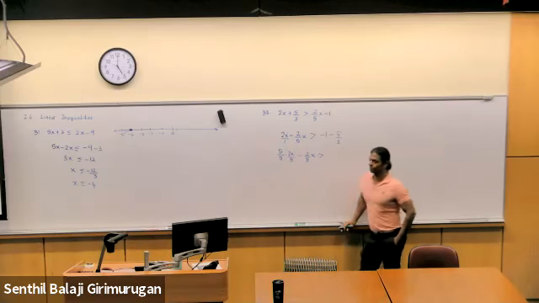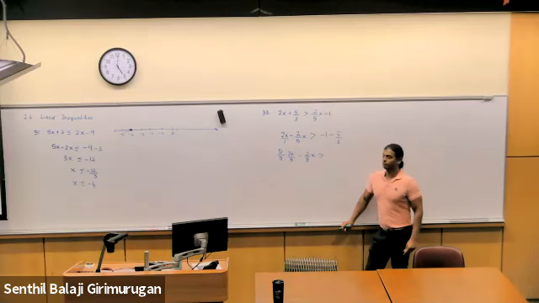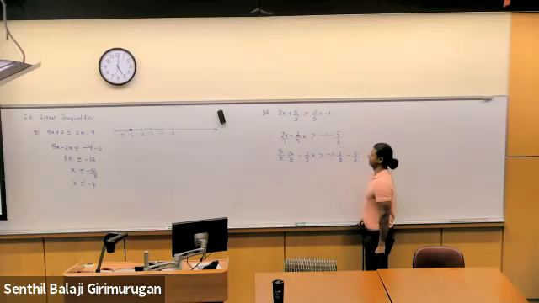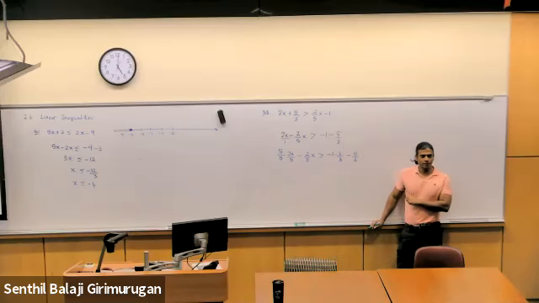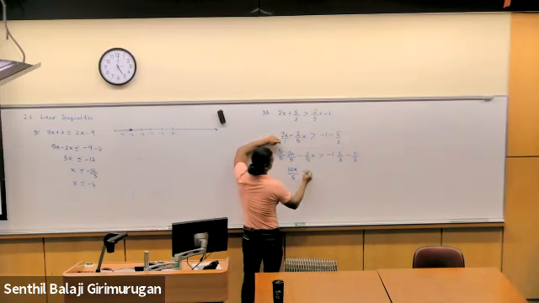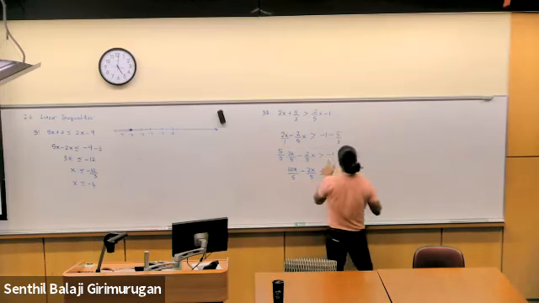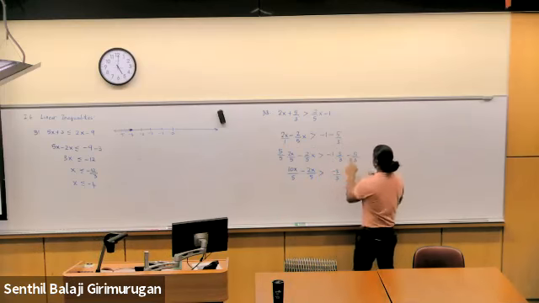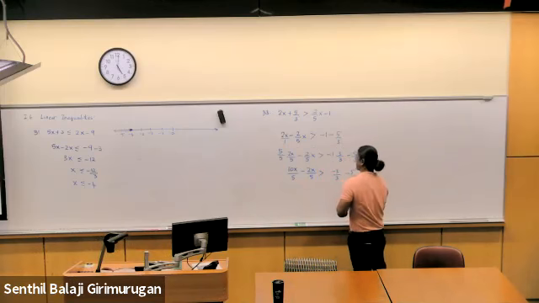Over here, what is the common denominator? 3. So multiply by 3 and divide by 3. We have common denominators. Do you agree? Yeah. So 5 times 2x is 10x over 5. 2 times x is 2x, so minus 2x over 5. Over here, negative 1 times 3 is negative 3 over 3. There, negative 5 over 3.